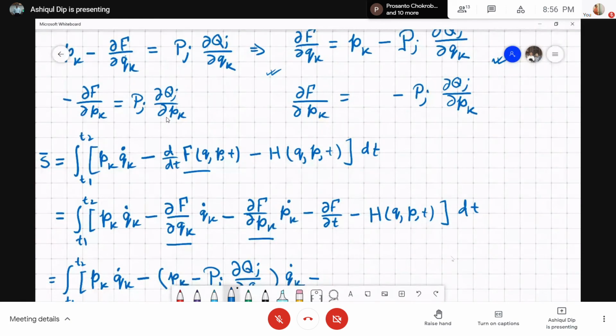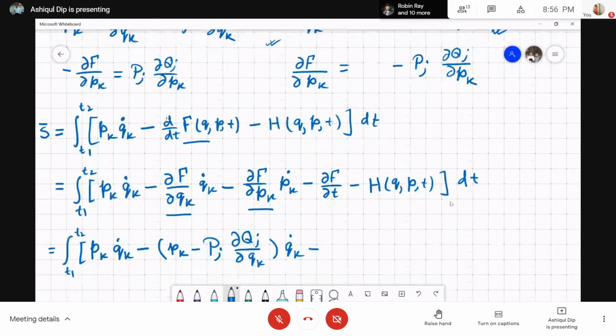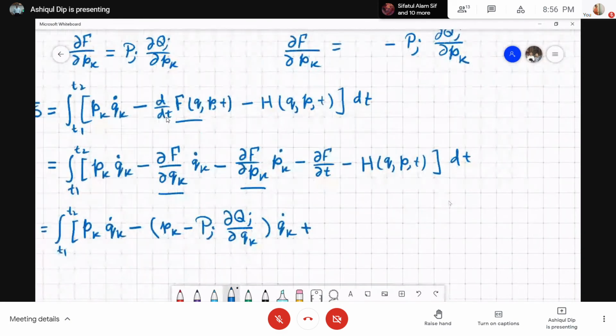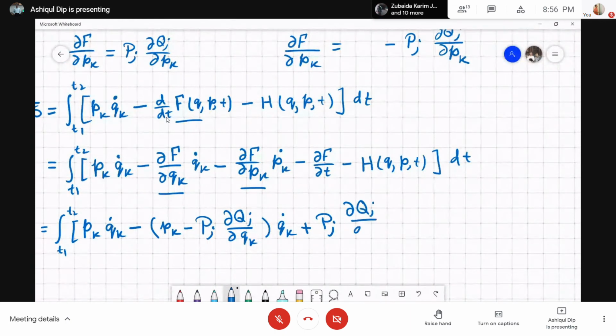That's nothing but P_j del Q_j by del p_k. So it becomes positive. And P_j, del big Q_j by del p_k, then small p_k dot, because we have this thing here, and now just write down everything else. Del f over del t minus H as a function of q, p, and t.